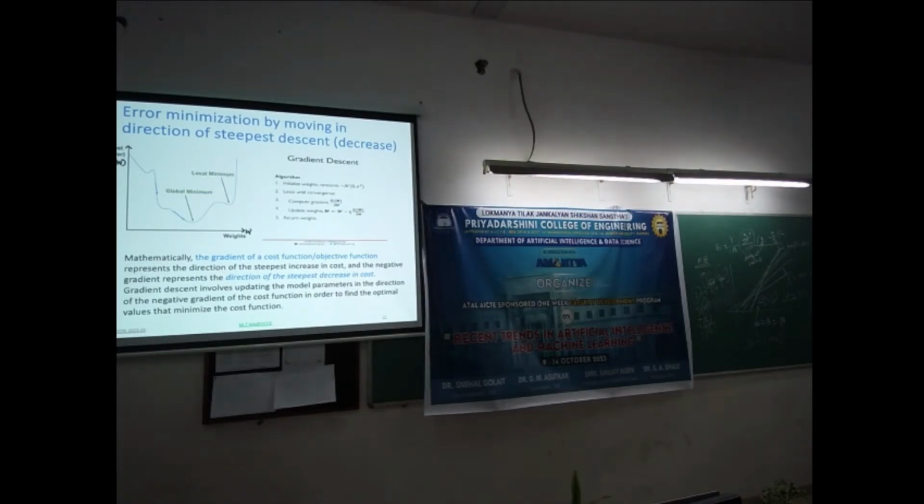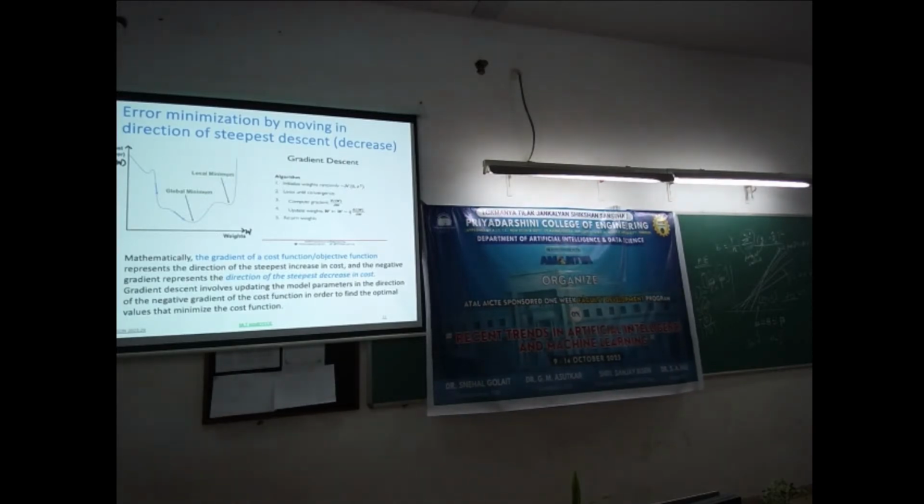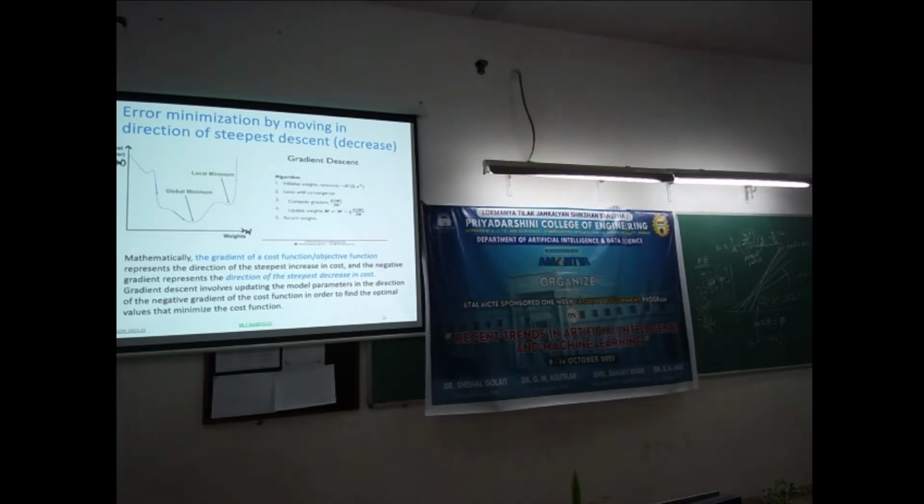So compute the gradient. Now update the weights. How will you update the weights? W is equal to W minus eta into dou J W by dou W. Now what is eta? Eta is called the learning rate. It decides how fast you want to learn. Then what is this minus sign?